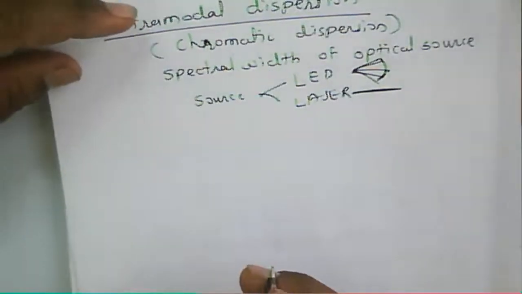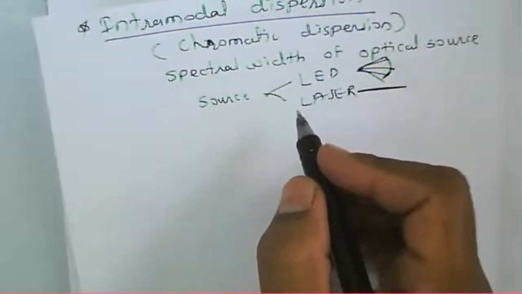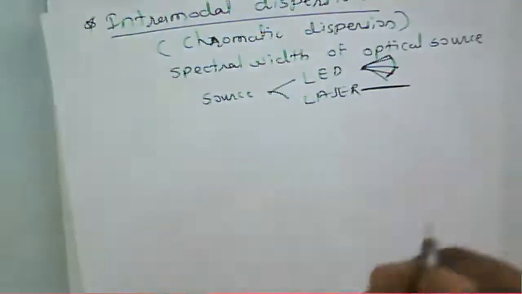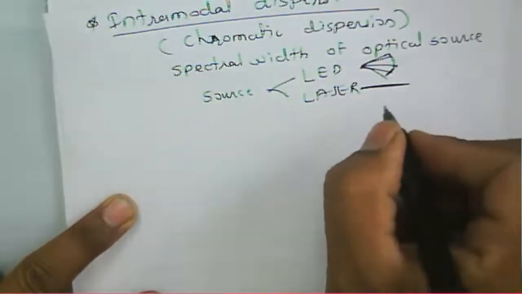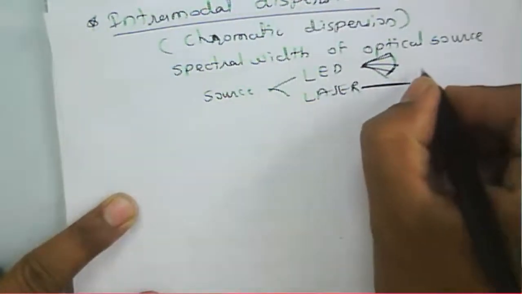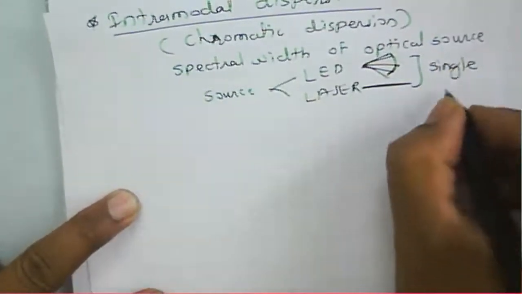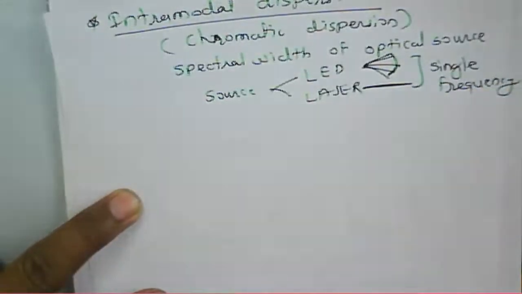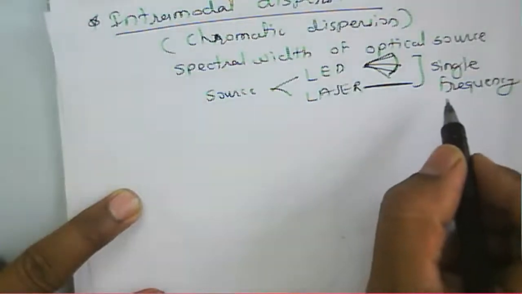So, whichever optical sources we are using, they emit light, and that light doesn't have a single frequency. The optical sources don't have a single frequency, which means they have a band of frequencies.